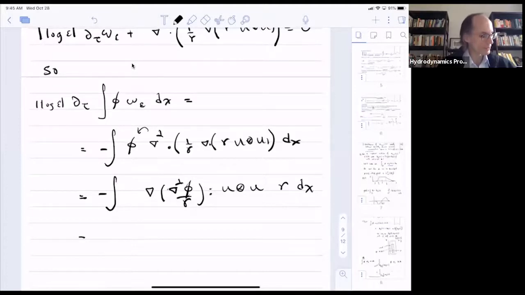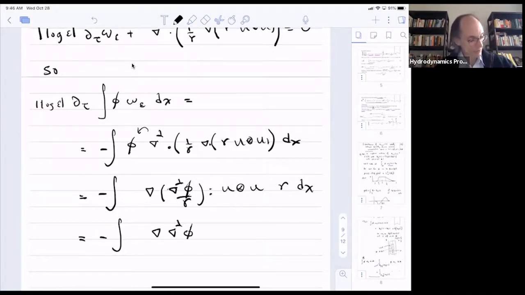And it's useful to break this into 2 pieces. We may write this out in components later on, but well, let's do this now. So if I differentiate the phi, I'll have the gradient of the orthogonal gradient of phi, the Hilbert-Schmidt inner product with u tensor u, and then the 1 over r will cancel the 1 over r, and I'll have this.